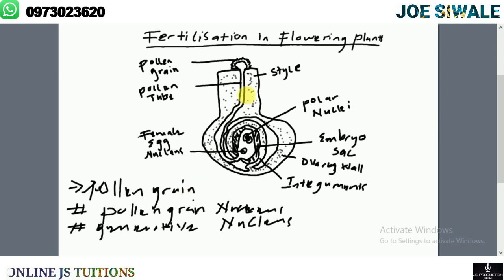As the pollen tube continues to grow, it will grow down. Then as it reaches the ovule, it will enter the ovule through the micropyle. So the structure here is the micropyle. Then the pollen tube finally enters the embryo sac.